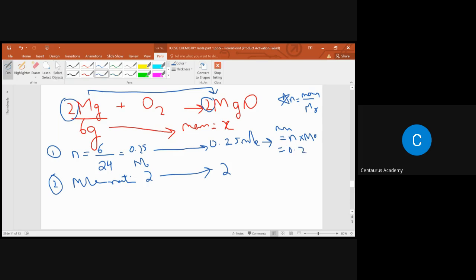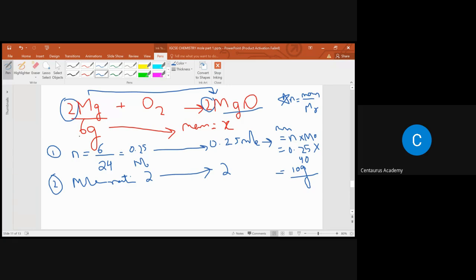So 0.25 multiplied by 40, what will be the final answer? You sum up the relative atomic masses, 24 plus 16, and whatever the answer comes up to is your relative molecular mass, which is 40 in this case. Then what is the final answer? 10. So 10 grams will be your final answer.